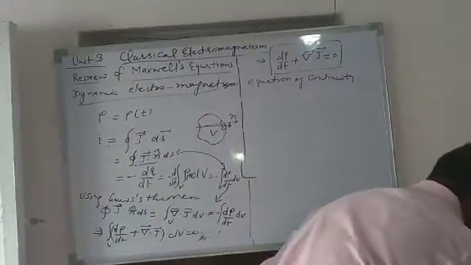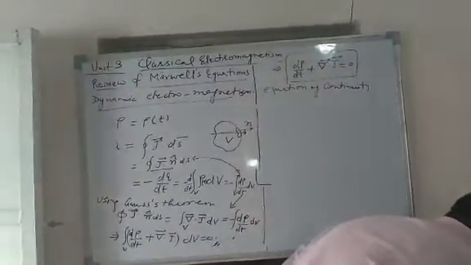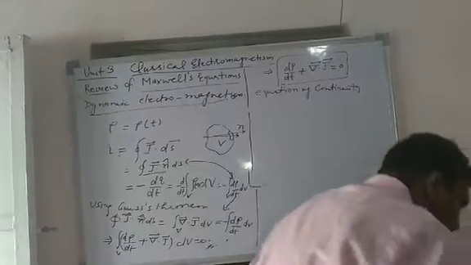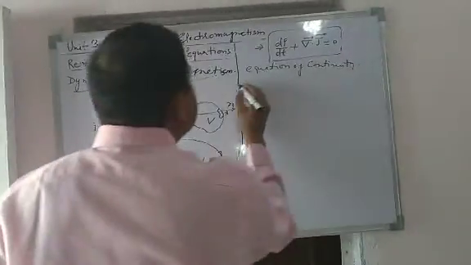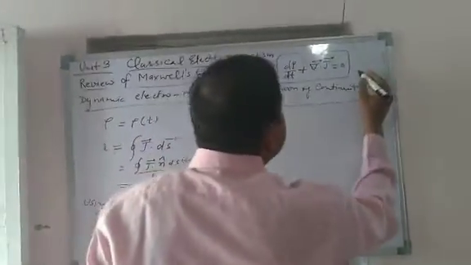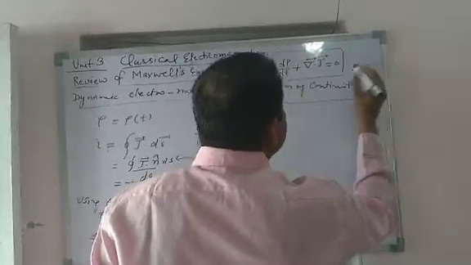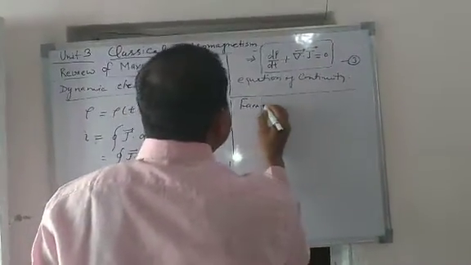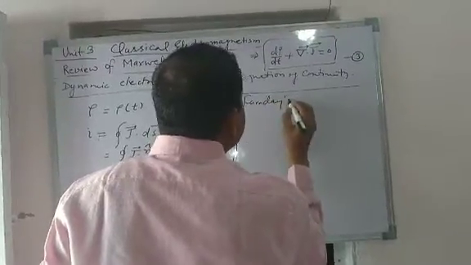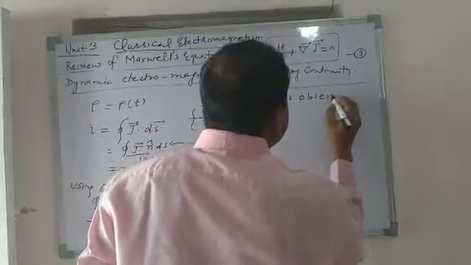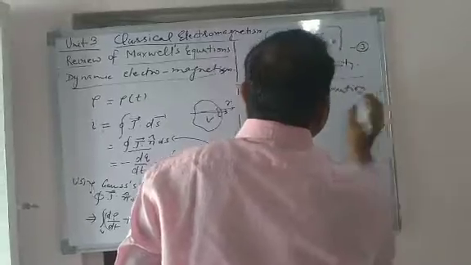Faraday made an interesting observation. In fact, there was an observation by Faraday. So this is equation number 3, Faraday's observation. What is Faraday's observation?